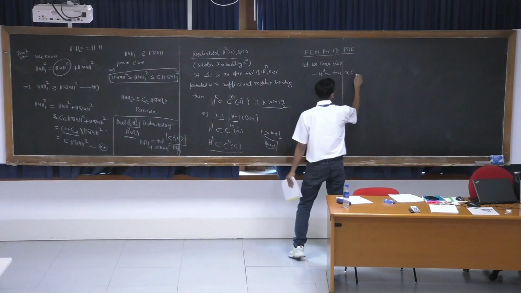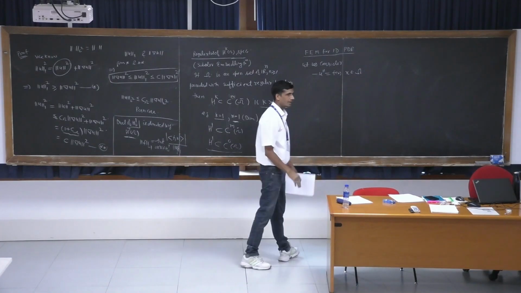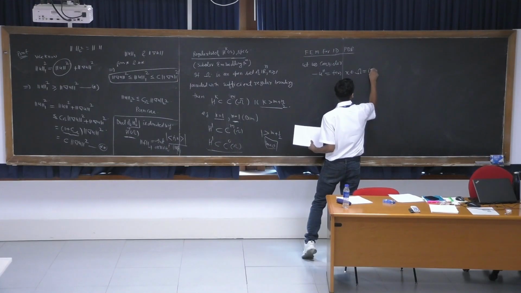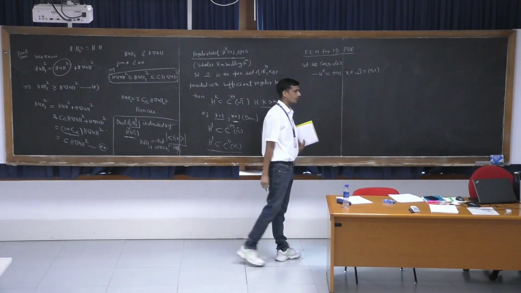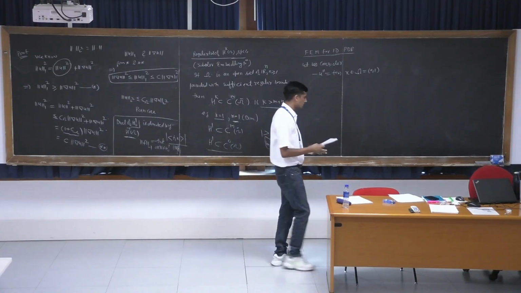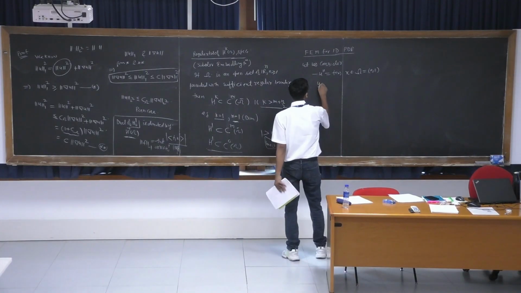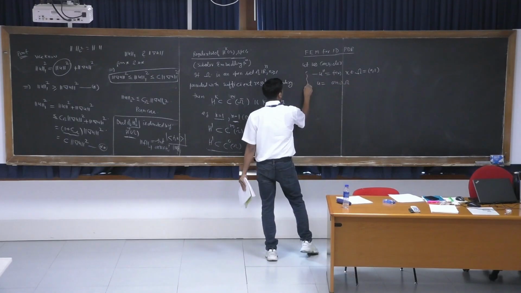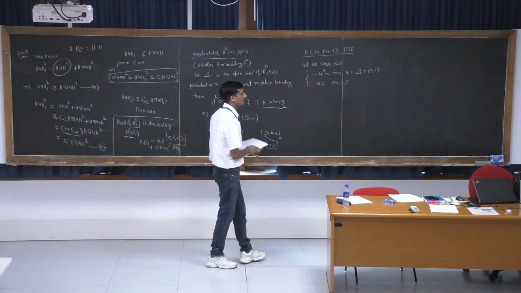x belongs to some domain Omega, and this Omega, for simplicity, I am saying is 0 to 1, or you can take any a to b, that's no problem. So u is equal to 0 on the boundary of this. This is our original problem.